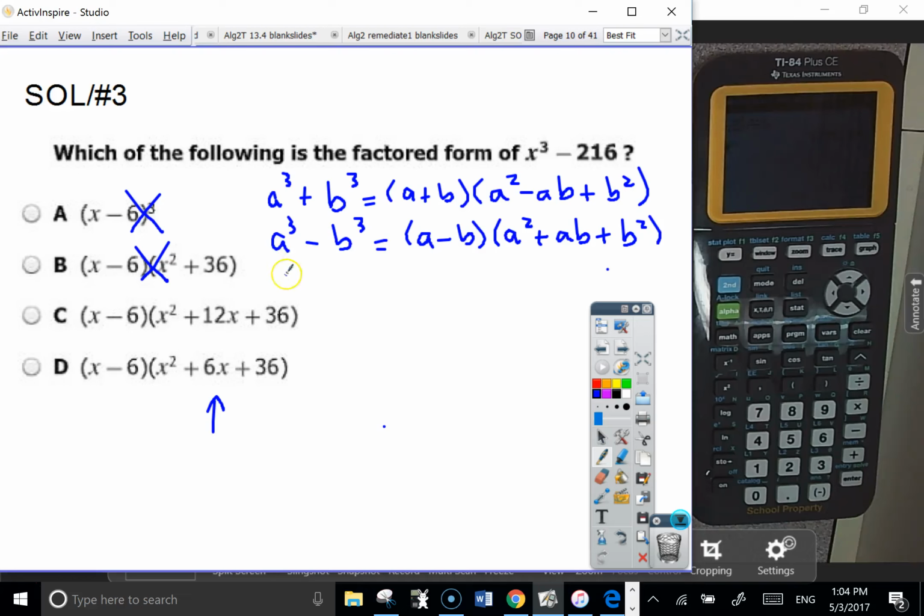Well, let's see. Our x to the third minus 216 was actually x to the third minus 6 to the third. So according to the formula, that middle term should have been x times 6. So it should have been this one right there.